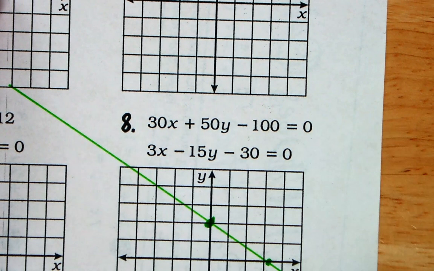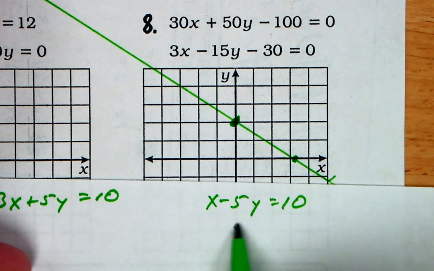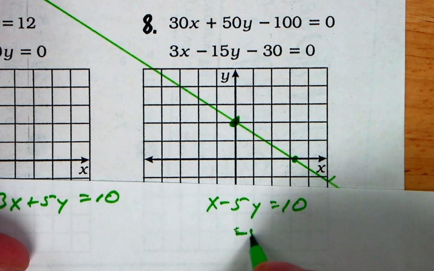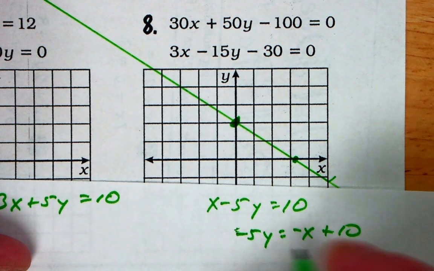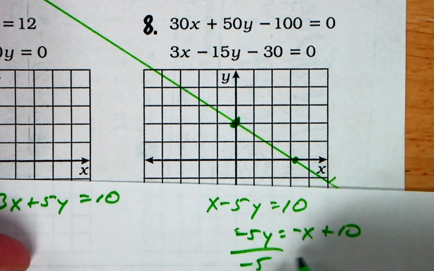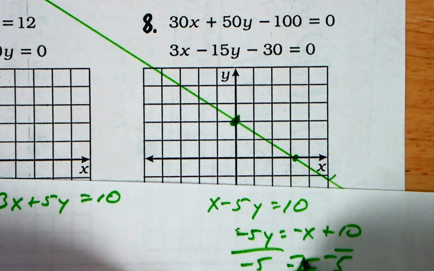If my x-intercept or my y-intercept won't fit on this, how else could I graph this? What else could I do? Find my slope? How? Yeah. So we're going to get y by itself. No, negative 5. I'm trying to do 2 steps at once here in my brain. That was really ugly.